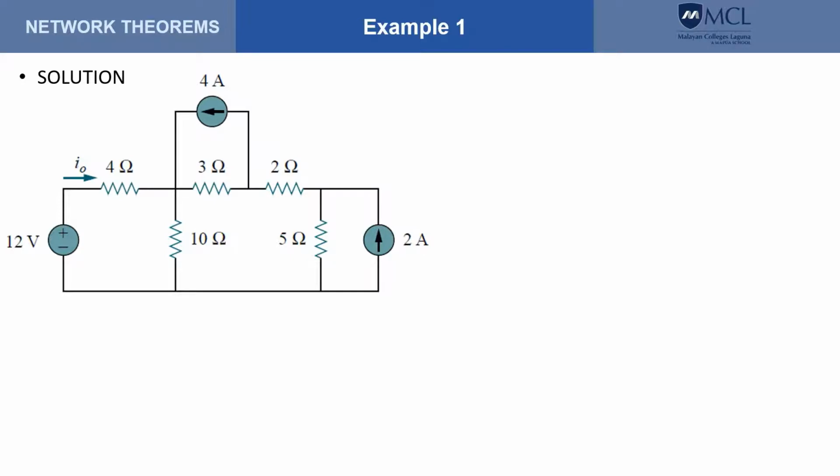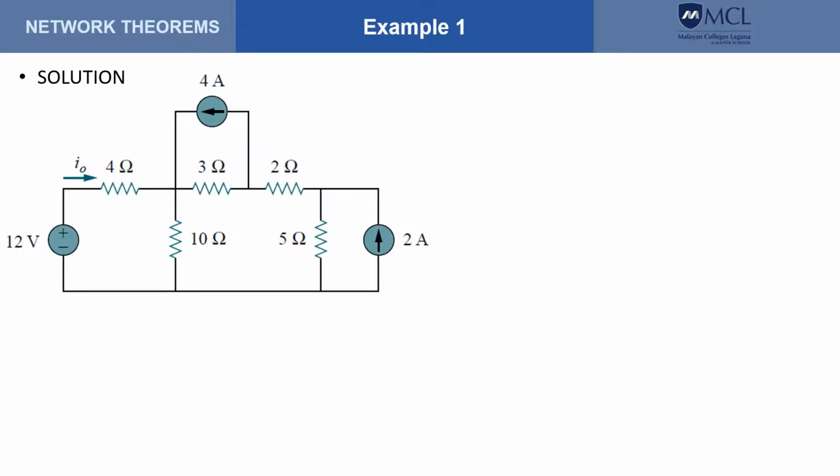That means we reduce the number of loops into a sufficiently small number, preferably a single loop, from where we can solve the parameters easily. To reduce this, we look for parts of the circuit that have a current source in parallel with a resistance, or a voltage source in series with a resistance.